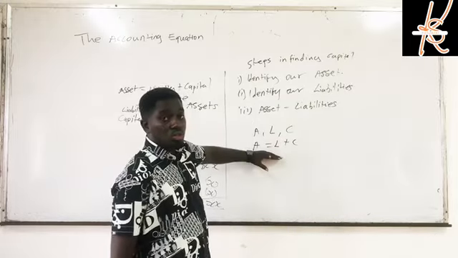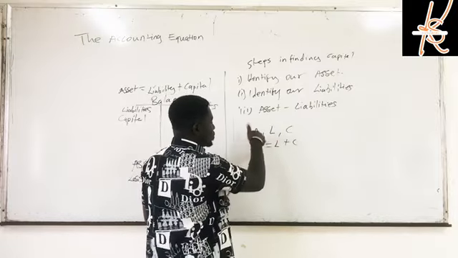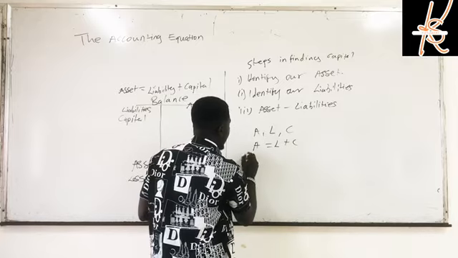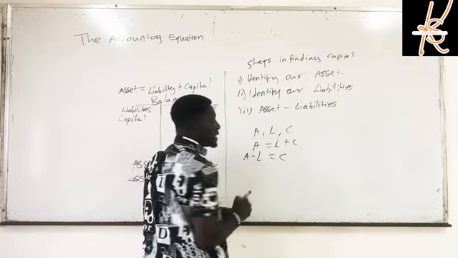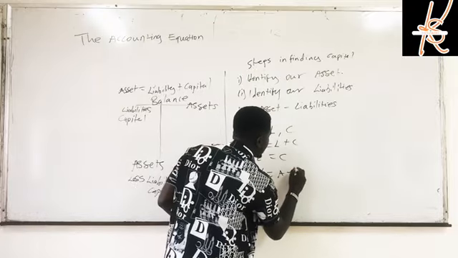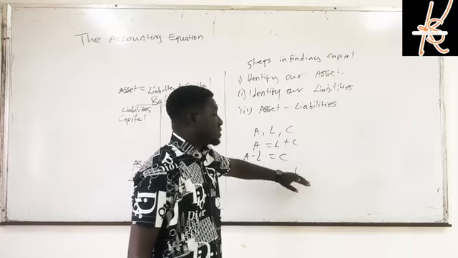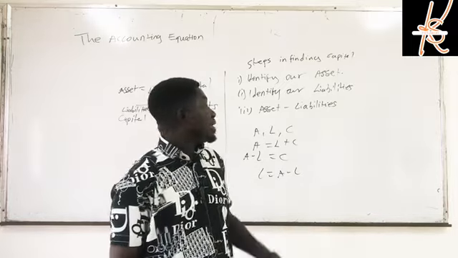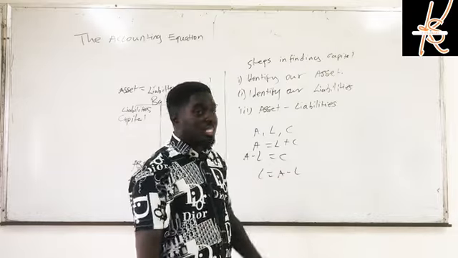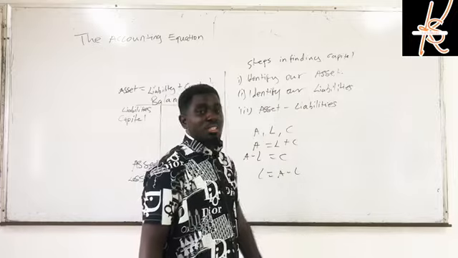This is the accounting equation. So if you want to find capital, you just move the L to where the A is to subtract. So it will be A minus L is equal to C. So C becomes A minus L. If the company has liabilities, all their owings, whether they took a loan or whatever to run the business, and you take the liabilities from the assets, you get the capital.